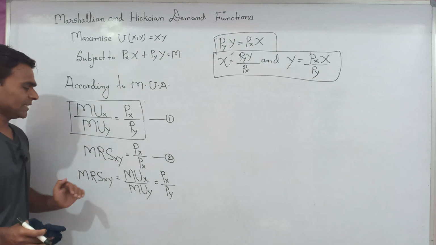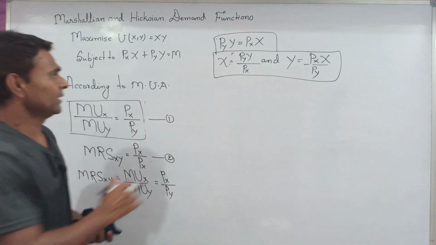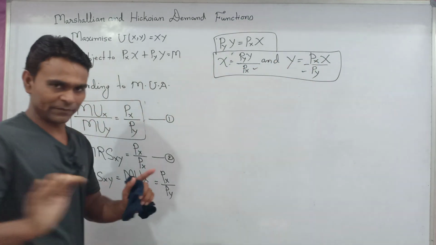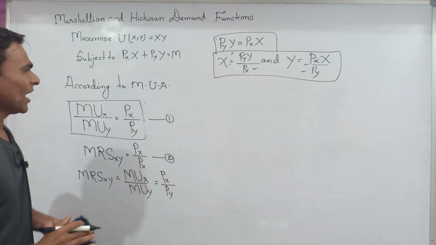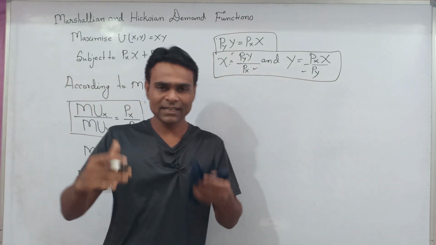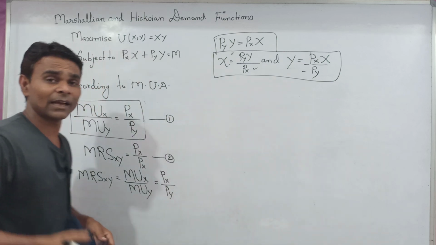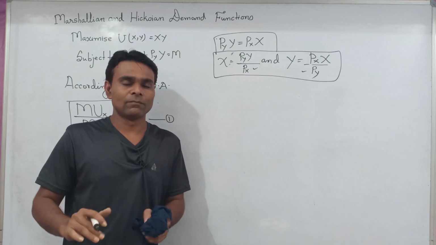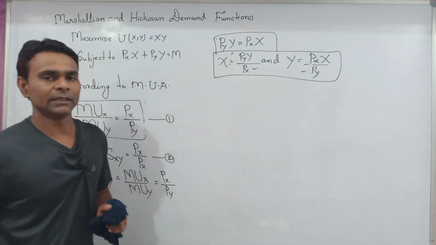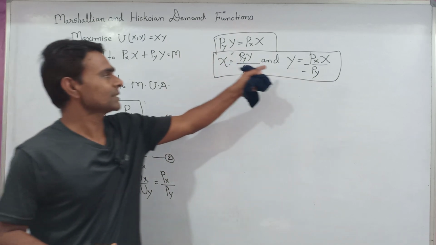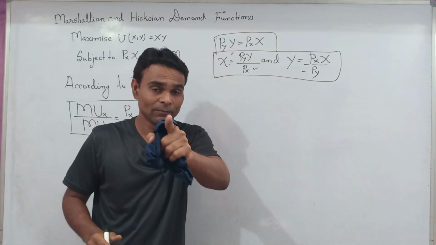With this given relationship, we can get the value of x and y as previously. Now it becomes very simple to derive the Hicksian demand function for commodity x and y. Previously, in order to get the Marshallian demand function, we substituted the value of x and y in the budget constraint.